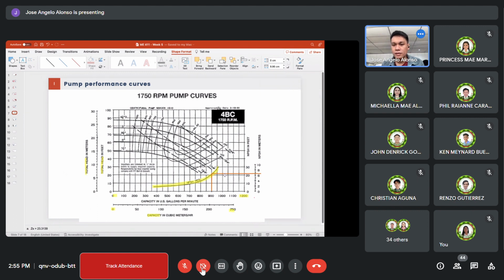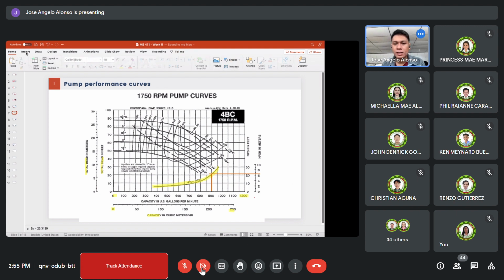So kung saan mag-intersect yung ating net positive suction head required na curve dun sa capacity ng ating pump, which is the volumetric flow rate. Then i-project mo siya to the right axis, to the y-axis on the right. Then madidetermine na natin yung net positive suction head required ng pump.